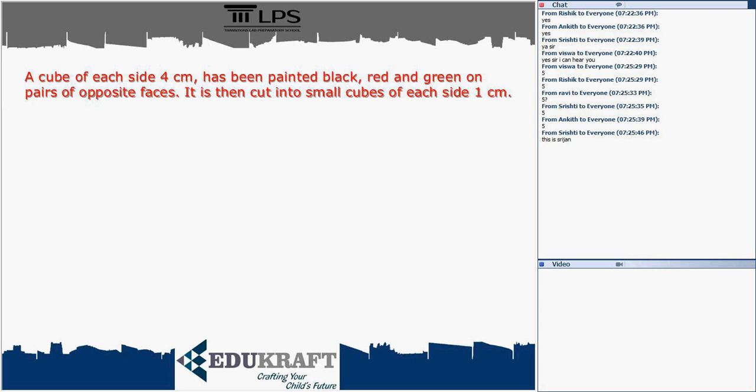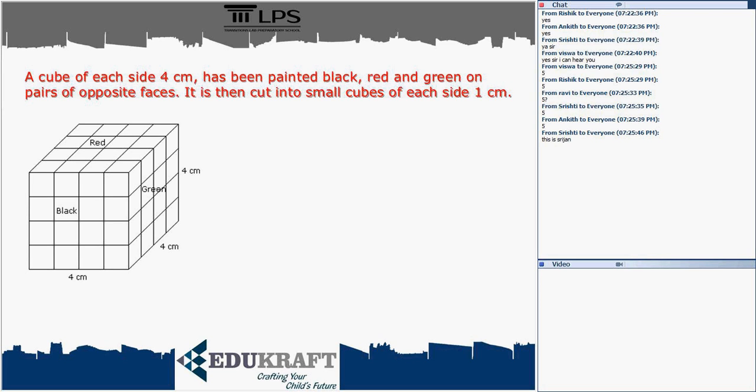It is then cut into small cubes of side 1 centimeter. How many small cubes are there?